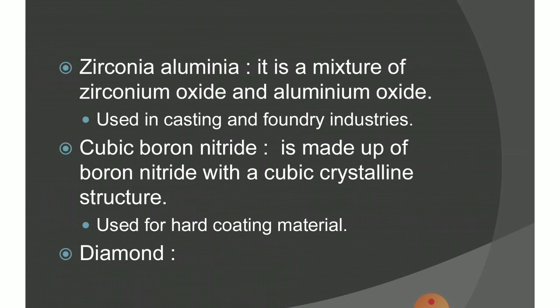Next one is the cubic boron nitride. It is also used to manufacture single point cutting tools or drill tools, right? Those materials are also used as the abrasive particle for the grinding machine. It is made up of boron nitride with a cubic crystalline structure.